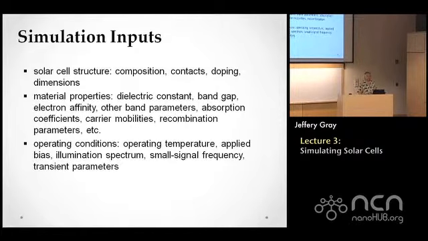But you'll give it the structure of the device. You've got to set up basically the geometry of the device. You've got to describe all the materials, all the material properties, because those are all inputs to the program. And then you've got to tell it what operating condition you're at: the light that's on it, the operating temperature, whether it's DC, small signal, transient, all sorts of things like that.